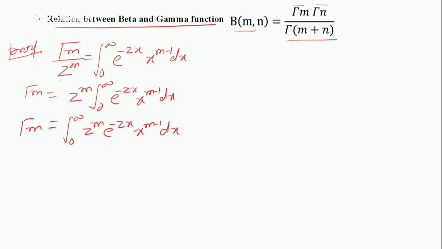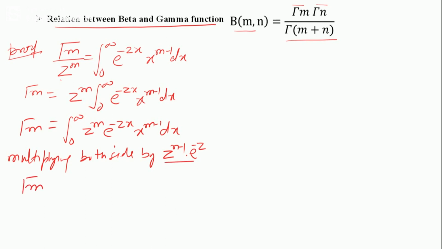Now multiplying both sides by a factor, z^(n-1) e^(-z). When we multiply by that factor, we get the integral from 0 to infinity of z^(n-1) e^(-z) z^m e^(-zx) x^(m-1) dx.